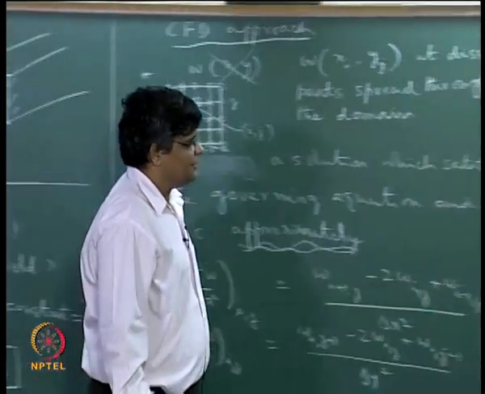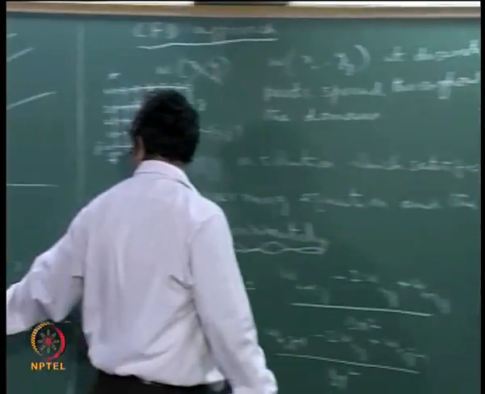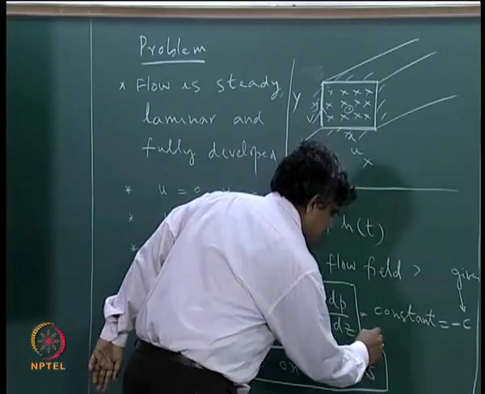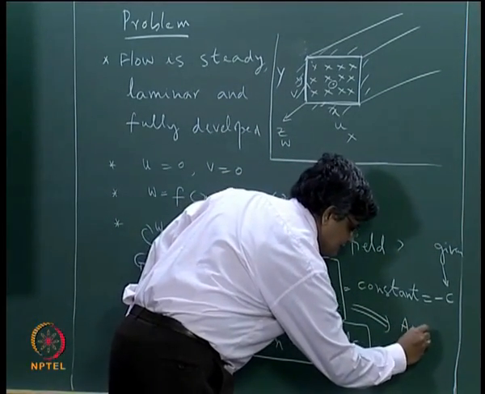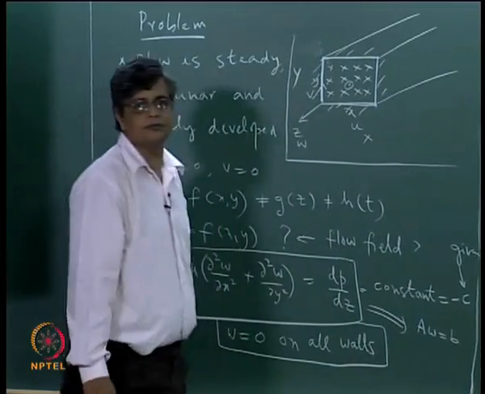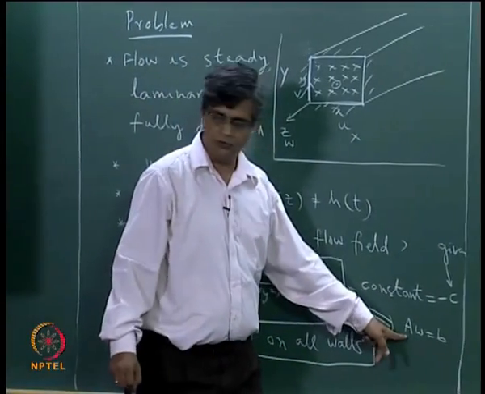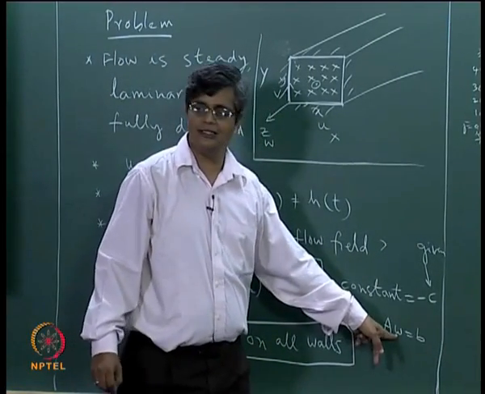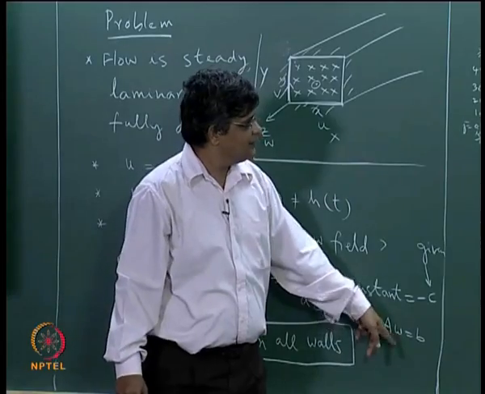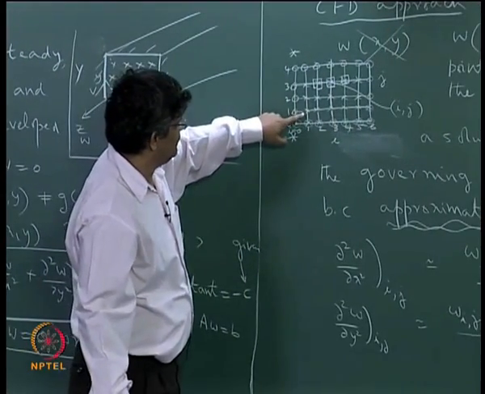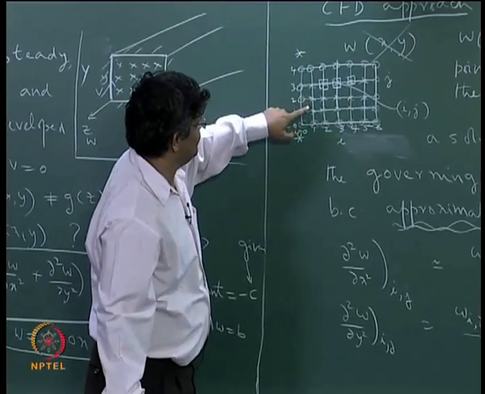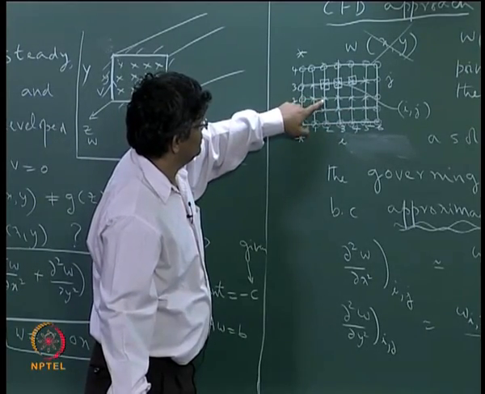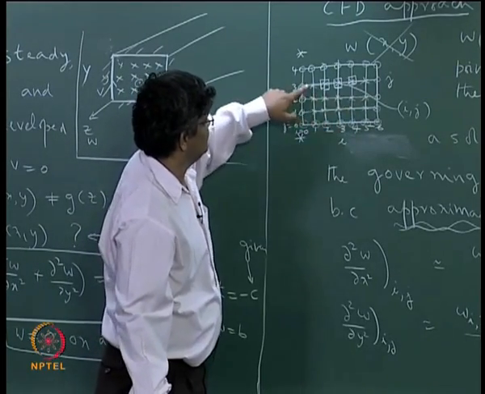So at the end of that, this partial differential equation is converted into an equation like AW equal to B, where A is the coefficient matrix and W is the set of unknowns, that is W11, 21, 31, 41, 51, and then 12, 22, 32, 42, 52 like this.